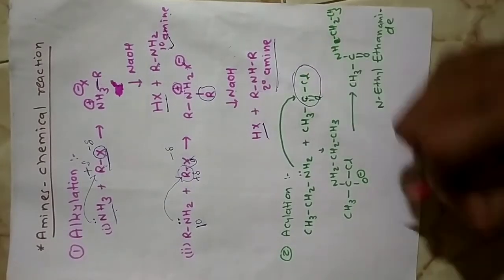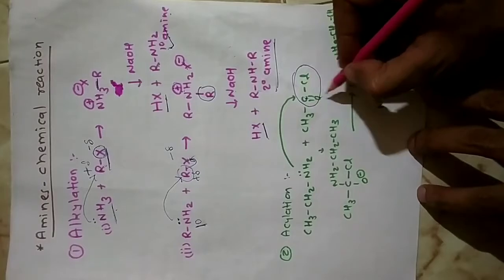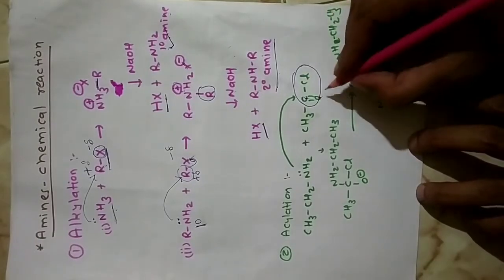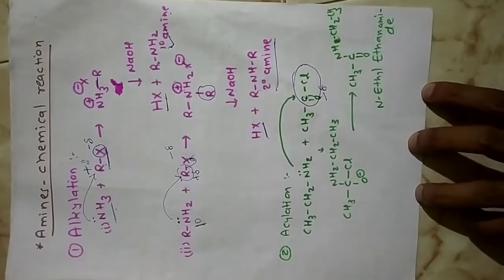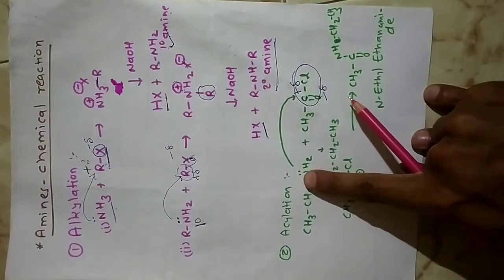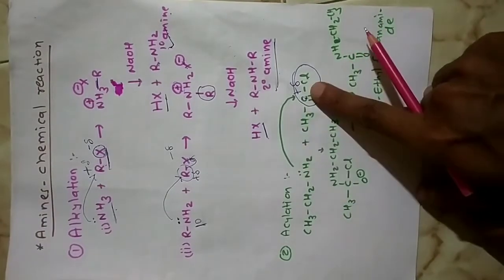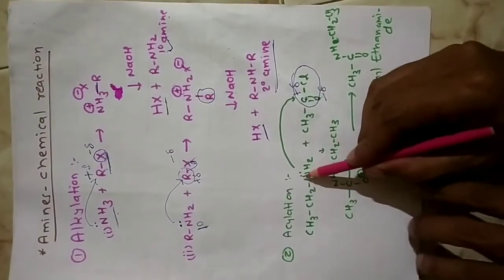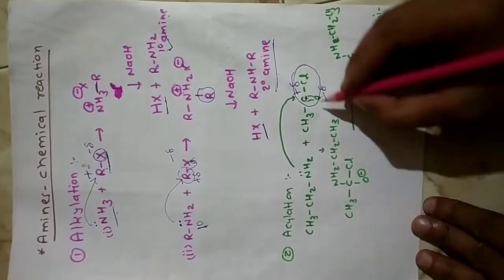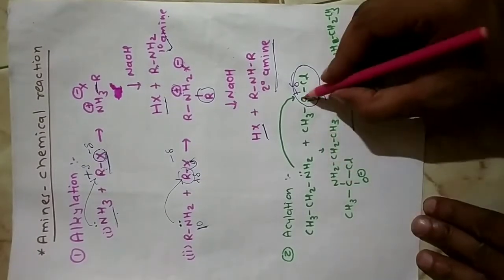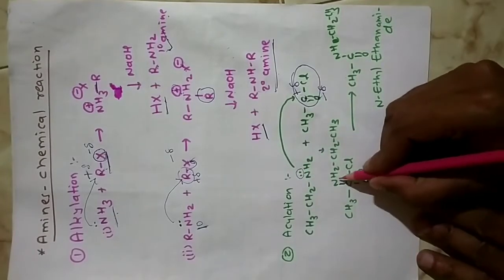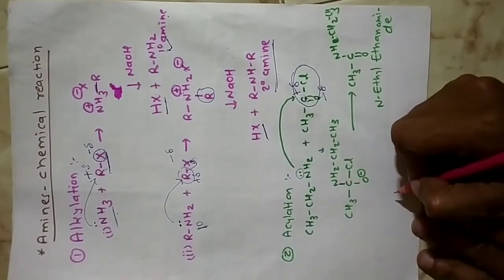Now in COCl, in this C double bond O, we have learned that oxygen is more electronegative, so it has a partially negative charge and carbon a partially positive charge. These two electrons are attracted towards carbon. So these electrons make a bond between carbon and nitrogen.